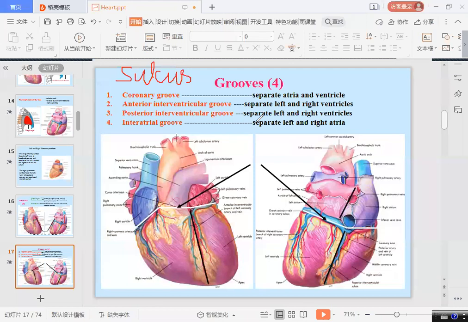So that is what we call a sulcus, or a groove. So the heart has 4 grooves: the coronary groove, or we can also call it the coronary sulcus.